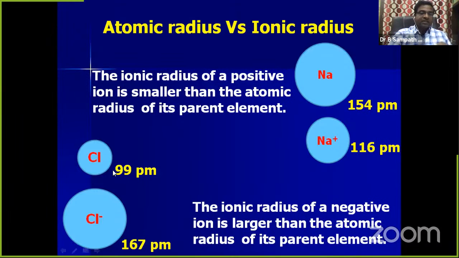See here, chlorine atomic radius is 99 pm and its ion, Cl minus 1 ion, the ionic radius is 167 picometers. Therefore, the ionic radius of a negative ion is larger than the atomic radius of the parent element.